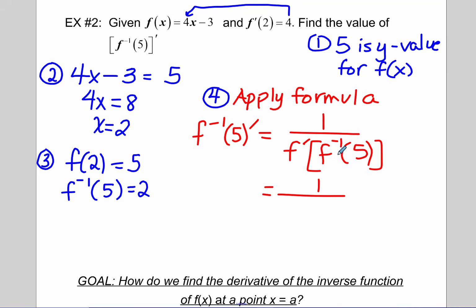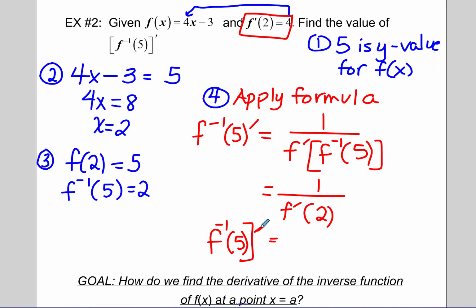And what was the f inverse of 5? The f inverse of 5 was 2. And what was the slope at 2? It was 4. So the derivative of f inverse at 5 is 1/4.